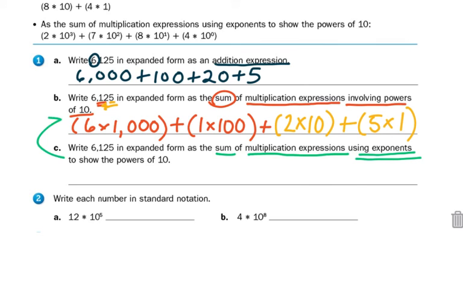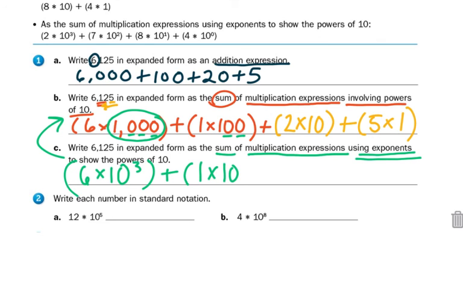So let's just refer back up to this one. 6 times, instead of writing 1,000, I'm going to write 10 to the, 1, 2, 3 zeros, plus 1 times 10 to the second power plus 2 times 10 to the first power plus, and we write the ones place as 5 times 10 to the 0 power.